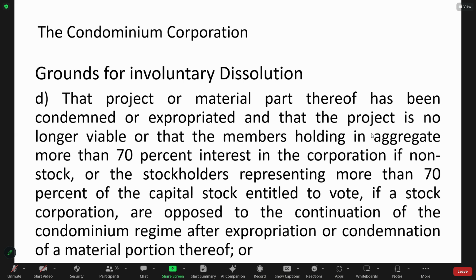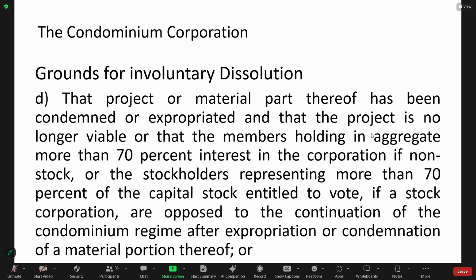So similar to dun sa voluntary, no? Sa voluntary, medyo ganun din. Yung kayo mismo ang gusto magbenta, no, ng buong project. Ganun din. Kapag na-condemn or na-expropriate, sinabi ng government na hindi na to matitirahan.